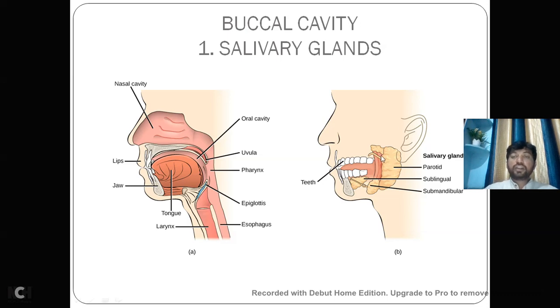And the next is the tongue. The tongue helps in the mixing of the saliva, with the salivary amylase, with the food present in our buccal cavity, right? That mixed food, we call a bolus, will be swallowed.